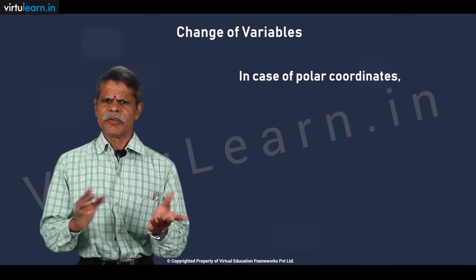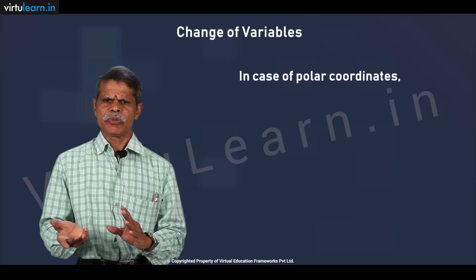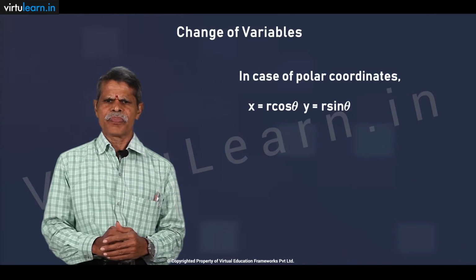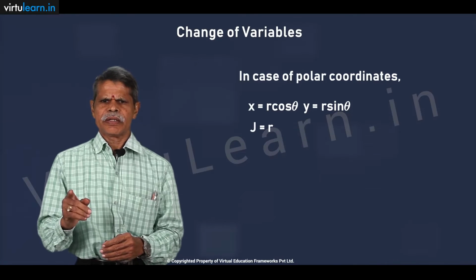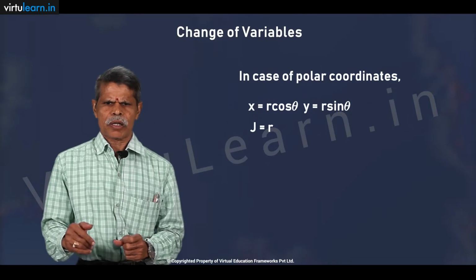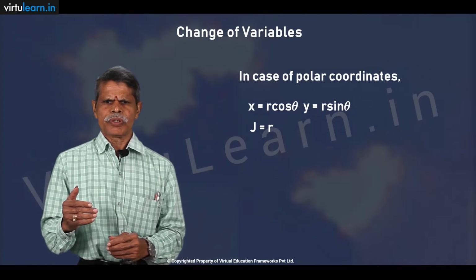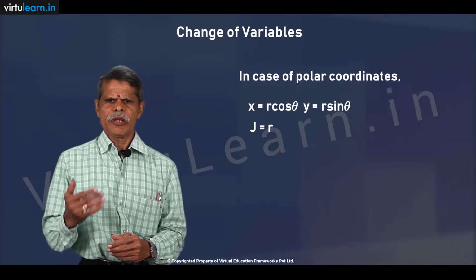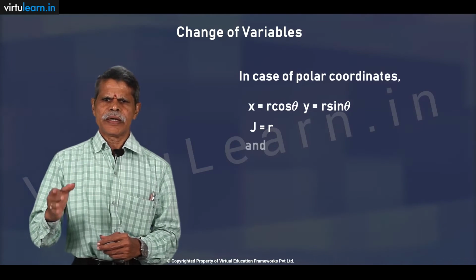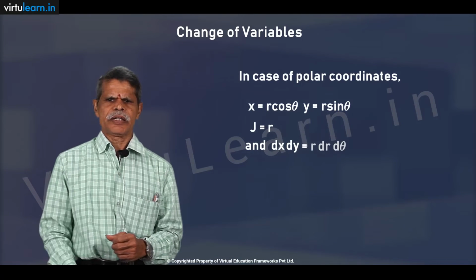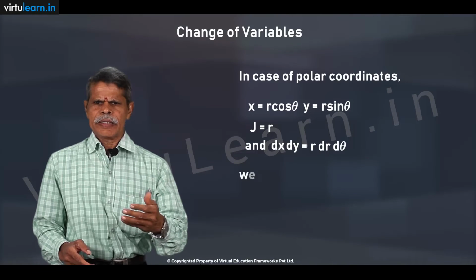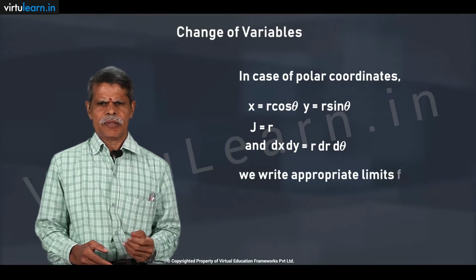We know the relation between the two sets of variables. x is equal to r cos theta, y is equal to r sin theta. The Jacobian here, that means dou(x,y) by dou(r,theta), is r. Therefore, in the integral, we replace x by r cos theta, y by r sin theta, and dx dy by r dr d theta. Then, of course, we have to write appropriate limits for r and theta.